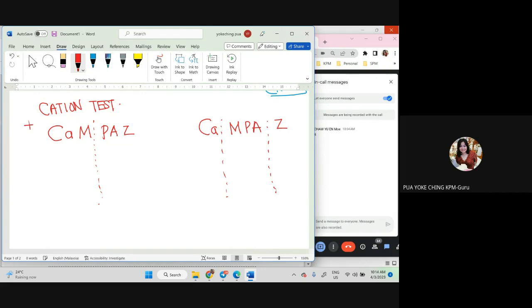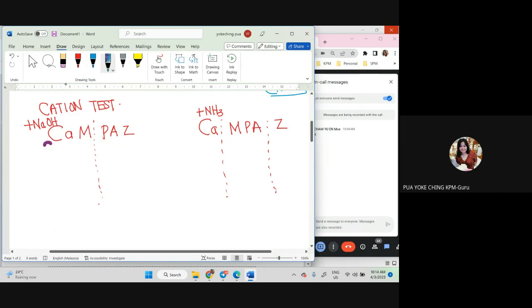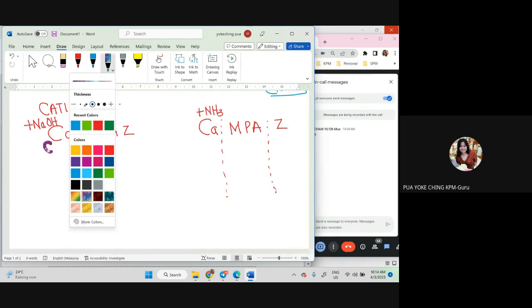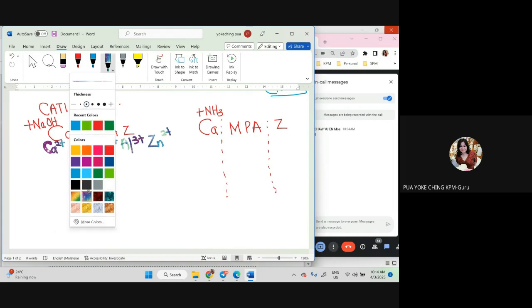First one is tambah NaOH. This one is tambah NH3. Okay. NaOH. Saya ulang balik. What is your Ca? What is your M? Ca2 plus. Mg2 plus. Pb2 plus. Al3 plus. Zn2 plus.